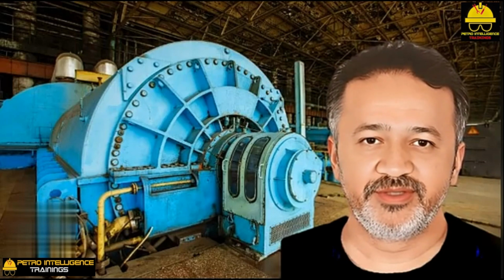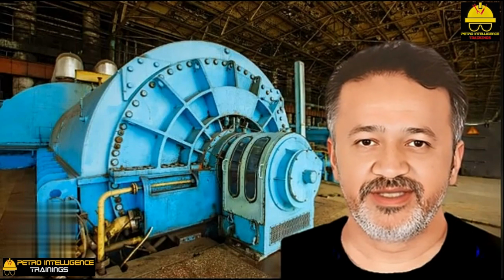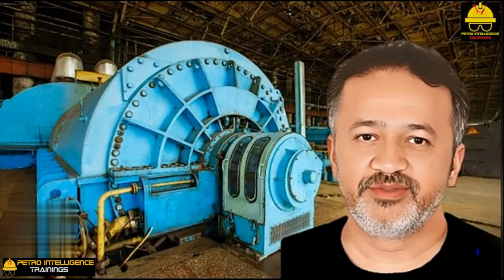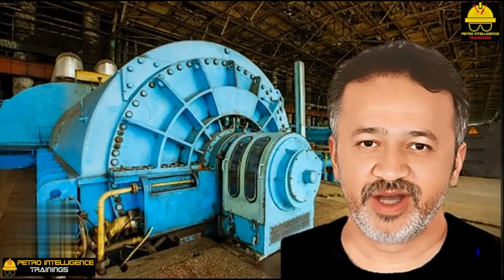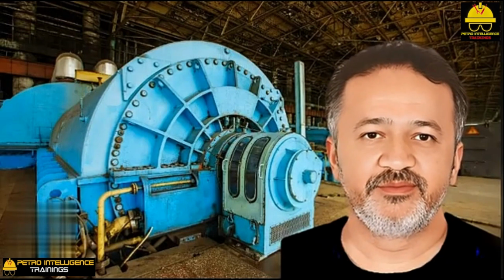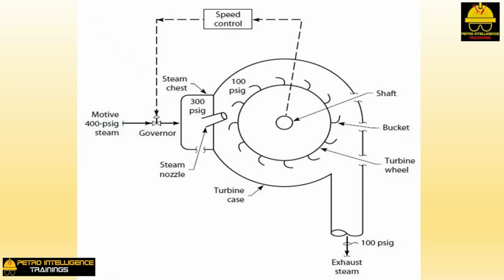The answer is that it is not the pressure of the steam that drives the turbine. It is the velocity of the steam impacting on the turbine wheel buckets. The velocity of the steam escaping from the steam nozzle as shown in the picture is 25 feet per second, when the exhaust pressure is 30 psig or 45 psia.